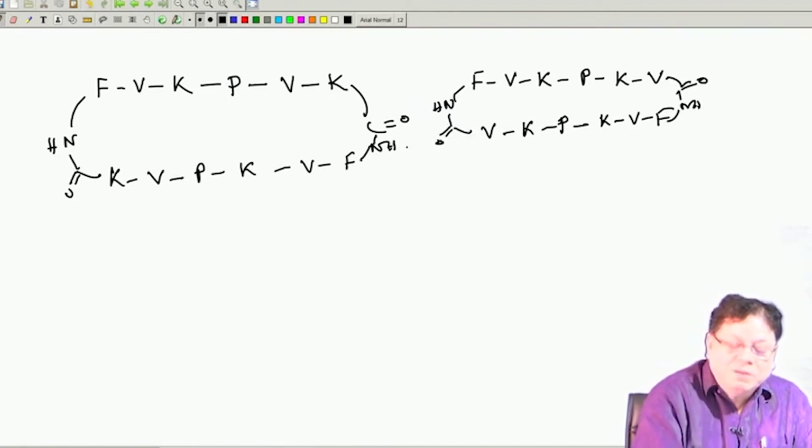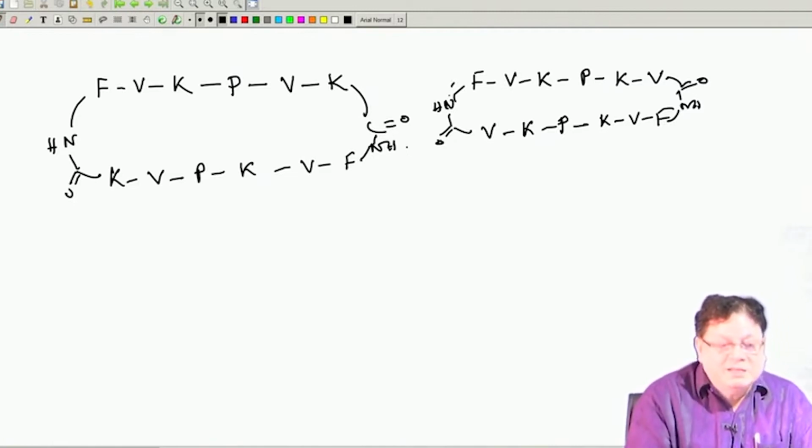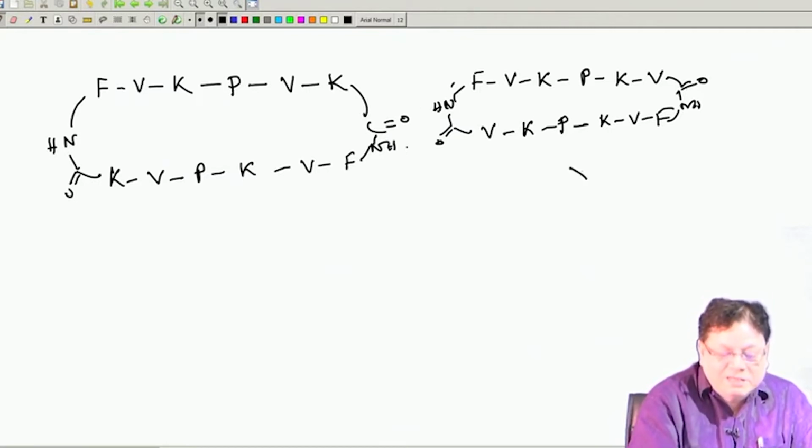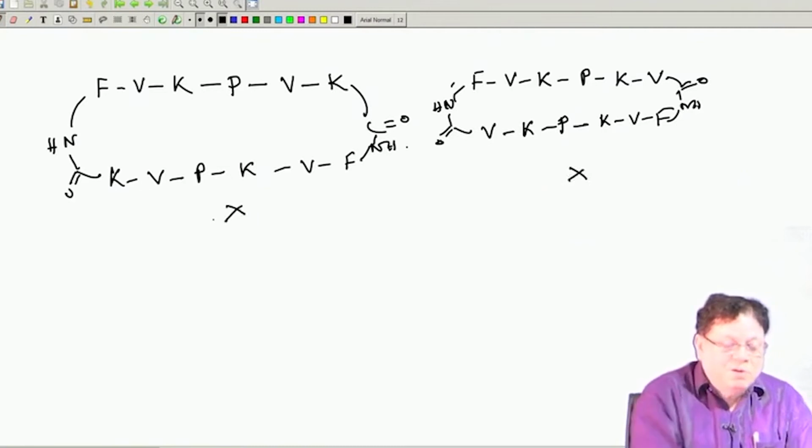There is no terminus in that sense, because it is a cyclic one. We started with F, thinking that the NH2 is on this side and the carboxy on the other side. So either this is X or that is X. Now, which one is correct?